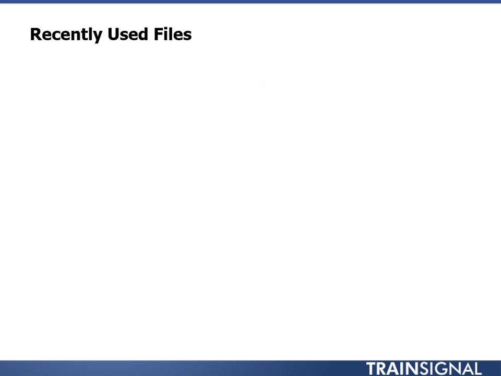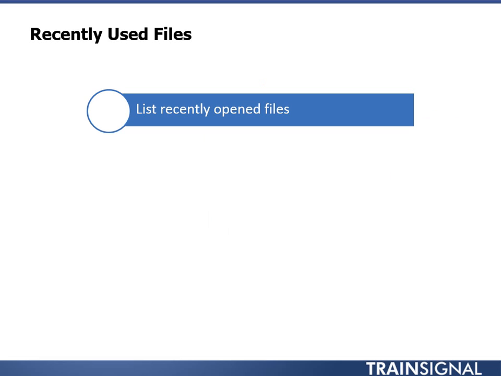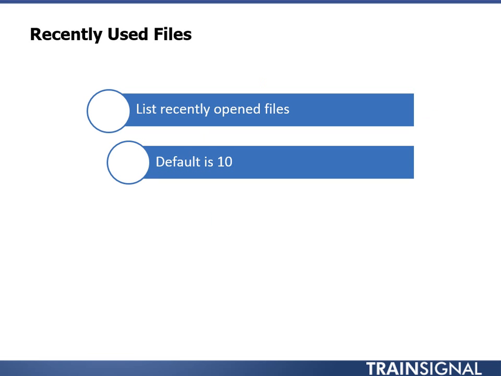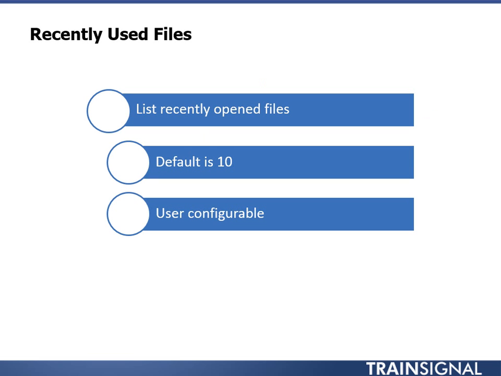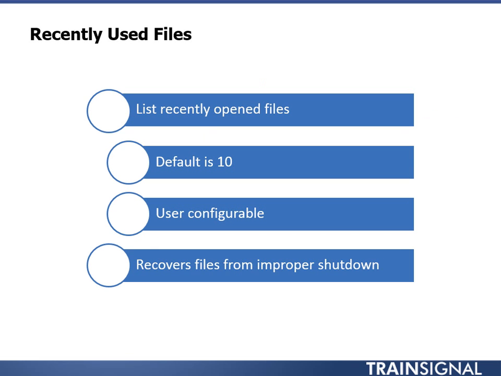Another nice new feature in the ISE version 3 is recently used files. Now in the ISE, it will list the recently opened files. So if you work on a file, close the ISE, go back, you can just go to your recently used list and reopen a file. The default is 10, but you can customize that. I'll show you how to do that in a moment when I get to the demonstration.